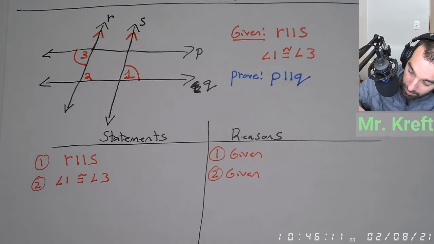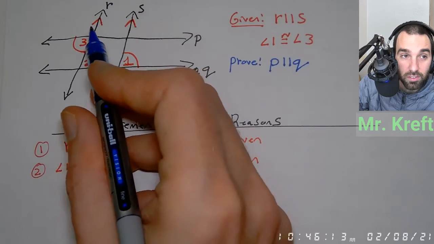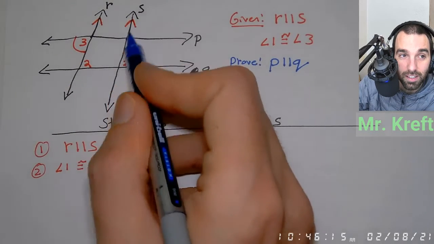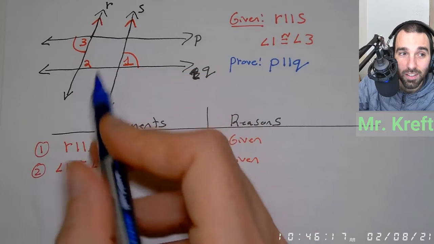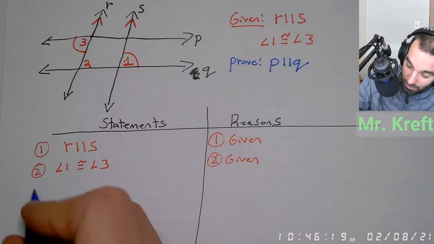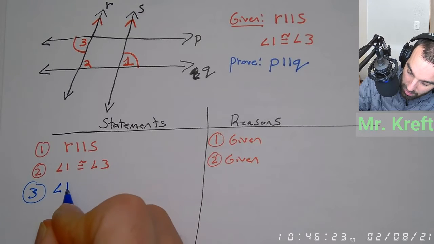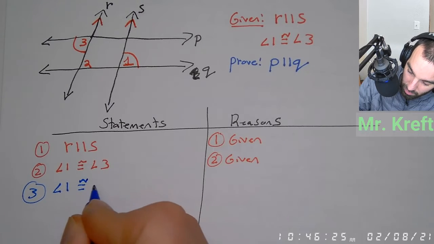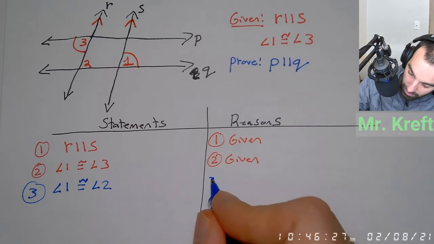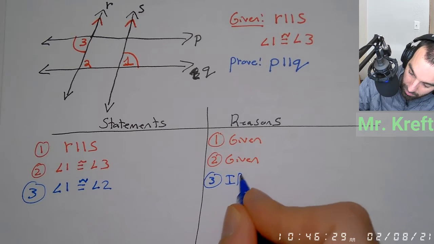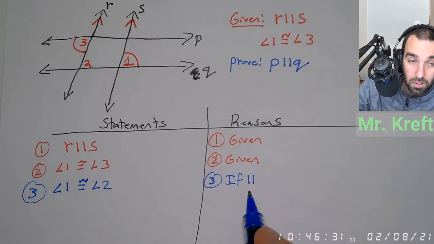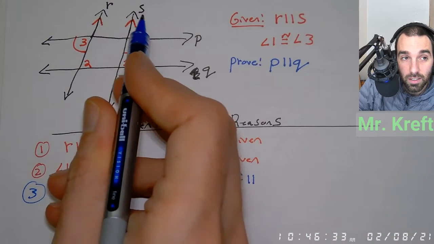Yeah, it's corresponding, right? So, take a look. Do you guys see how these lines are parallel? If these lines are parallel, then what do we know about corresponding angles? They have to be congruent. So I would know angle 1 would have to be congruent to angle 2. And my reason would be if parallel lines, now see how the parallel lines comes first, right?